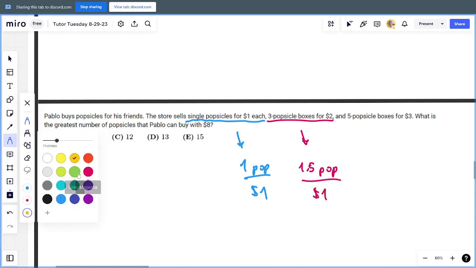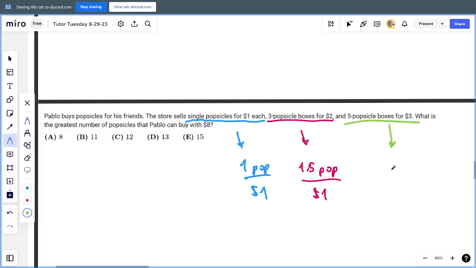And then 5 popsicle boxes for $3, that's 1.67 approximately per dollar. That makes sense. The larger number of popsicles in a box, probably the better value you're going to get.